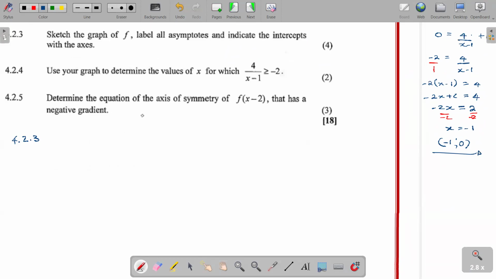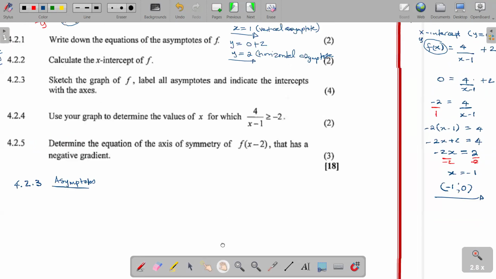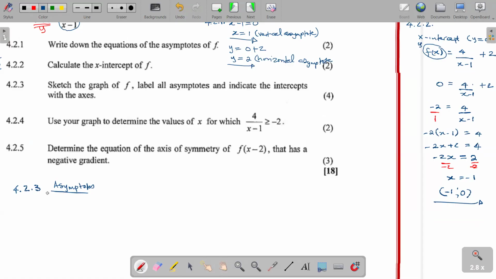For us to sketch the graph, we are going to need the asymptotes. If you check, we have them already. Here are the equations of our asymptotes. We have x equal to a positive 1, and we also have y equal to a positive 2.